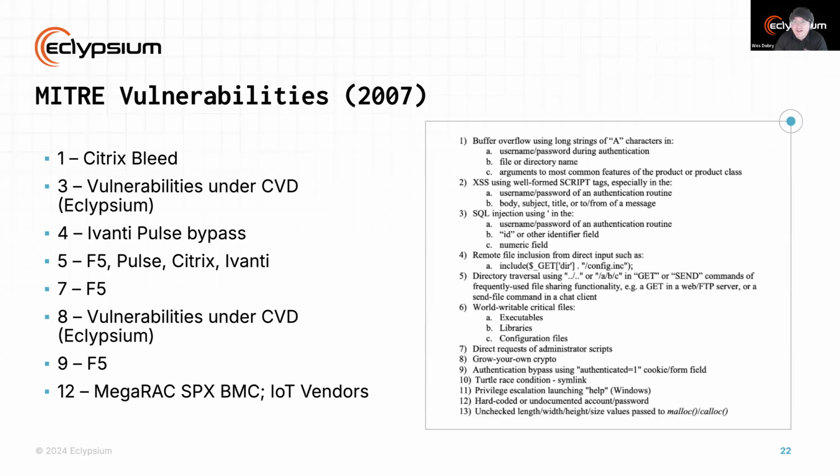Same thing for when we look at path traversal with Pulse Secure, or other scenarios like the Megarack type of things where we have hard-coded passwords. Nowadays, we should be holding our vendors accountable where these simple types of vulnerabilities are not things that should be embedded in devices that we consider such as critical infrastructure.